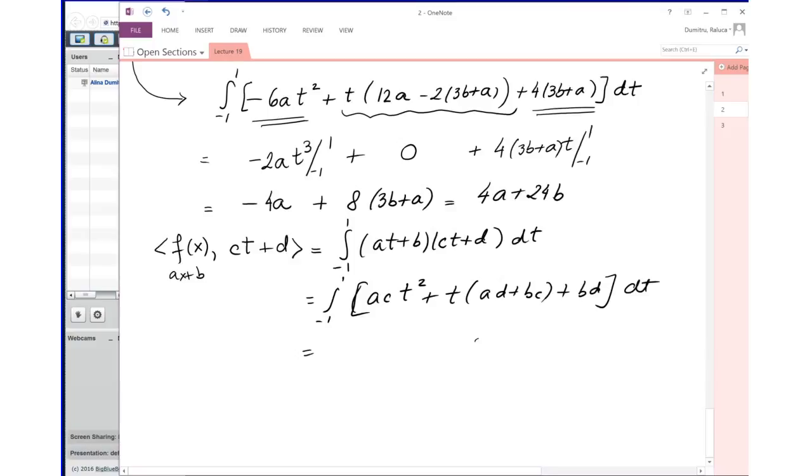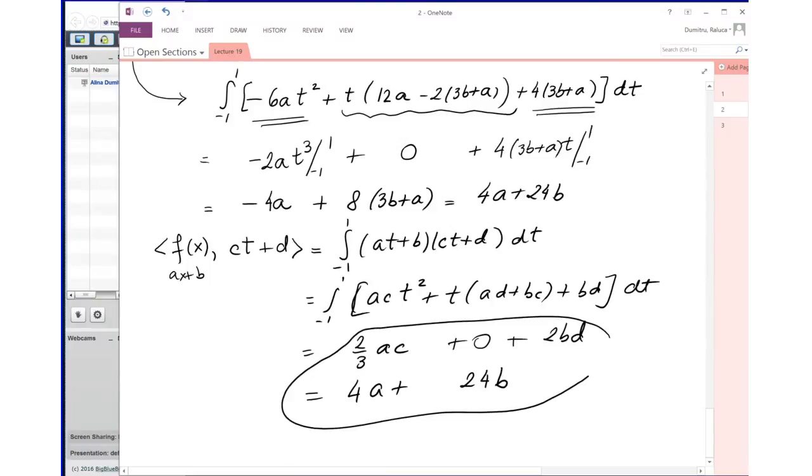Again, the term with t will give you 0. ac t cubed over 3 from -1 to 1 will give you 2/3 ac. And bd times t will give you 2bd. This should equal 4a plus 24b, we said, for any a and b.